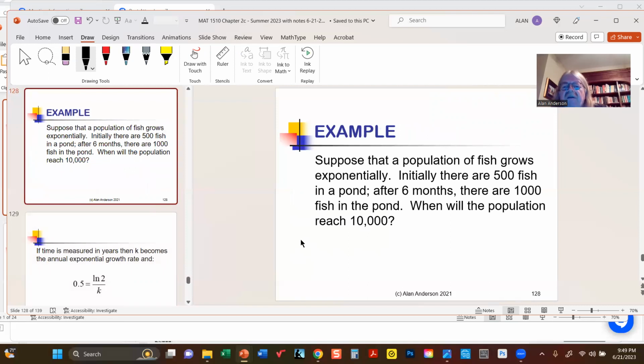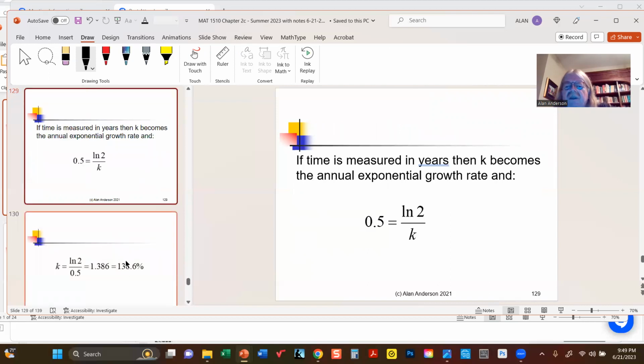So here, for example, is an example from biology. Imagine yourself with 500 fish in a pond. After 6 months, there's 1,000 fish. At what point will the population reach 10,000? Now, we're assuming exponential growth, of course. So if time is measured in years, k is now the annual growth rate.